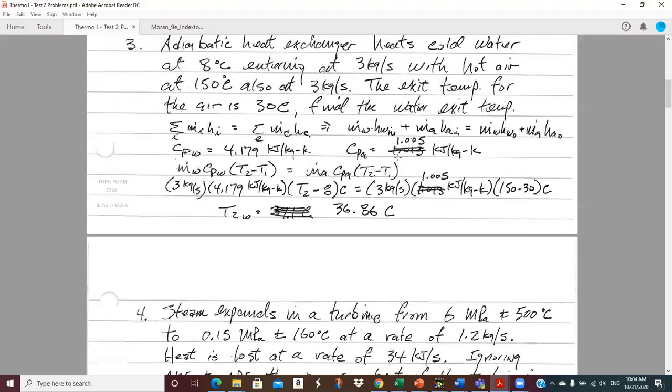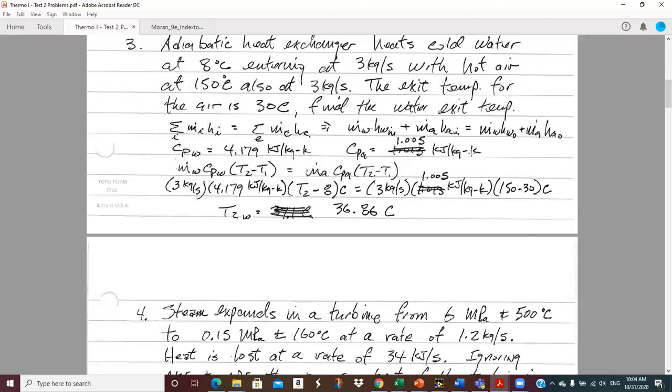So then just breaking this apart, I've got the mass flow rate of water, because the water in is equal to the water out, and the air in is the air out in terms of mass flows. I've got m dot water times H water in plus m dot air times H air in is equal to m dot water times H enthalpy out plus m dot air times H air out.